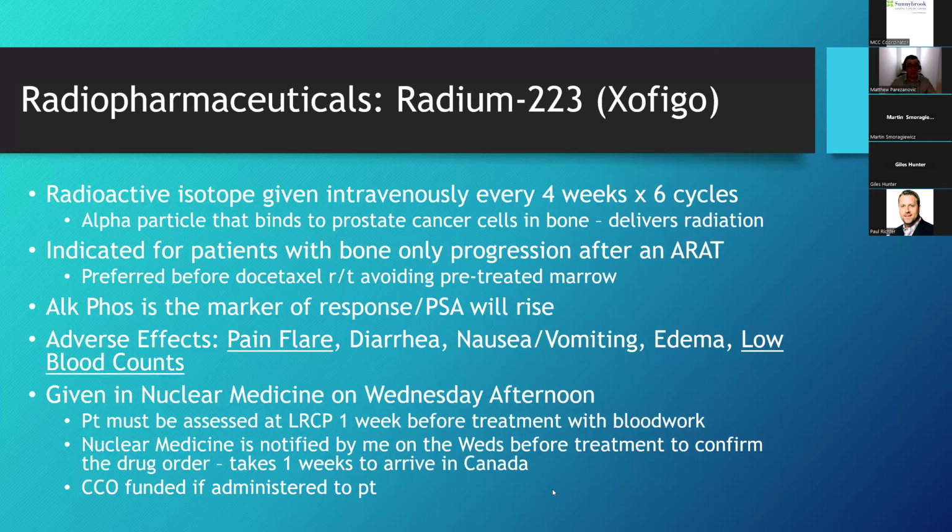I typically notify our nuclear medicine department by the Wednesday 1 week before the treatment to confirm so that the treatment has time to make it to Canada from the site of manufacture, which I believe is in the United States or in Sweden. I've heard of both. CCO funding is applied in this situation.